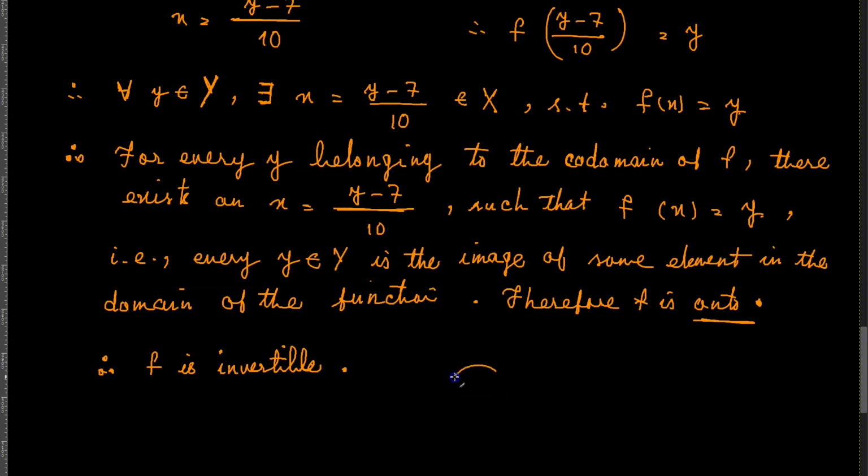suppose that, for example, this is the domain of the function, and this is the range of the function. Now this is f that goes from the domain all the way to the range of the function.